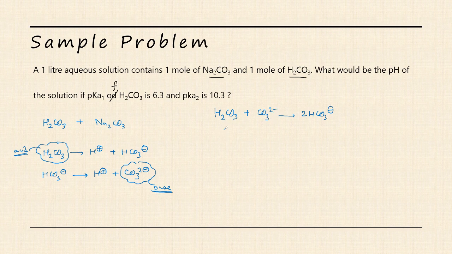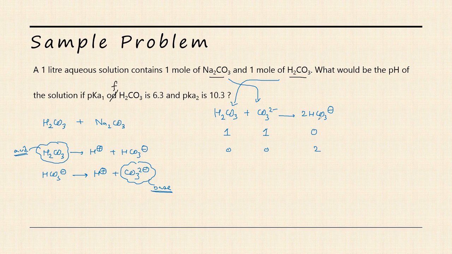Understood? So you have taken 1 mole of carbonate and 1 mole of H2CO3, and this is initially 0. When the reaction happens, this 0 becomes 2.